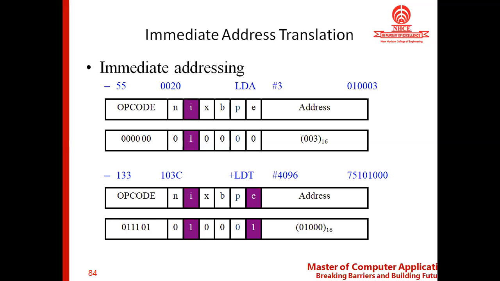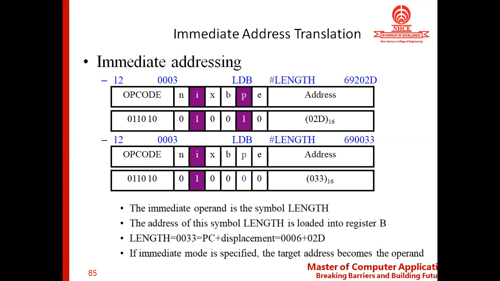So this is the difference between the immediate addressing in format 3 and format 4. This is one of the ways the immediate addressing is used. Another way is in the same instruction. According to whatever we have discussed, the 12th line would have a value similar to the second case.